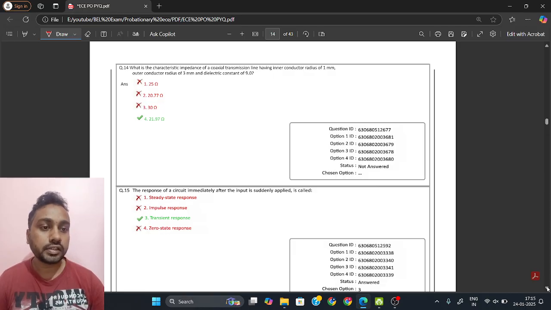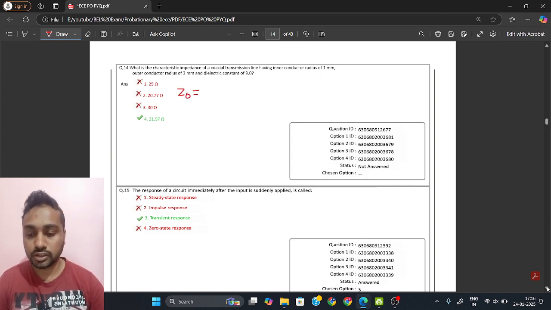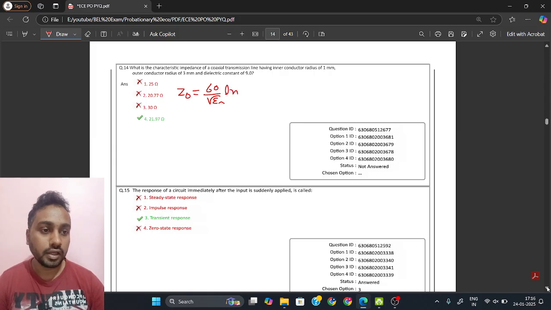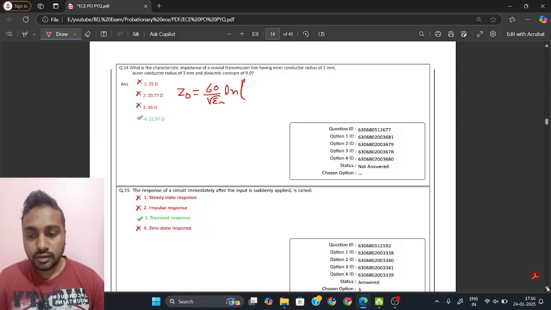So generally, for the characteristic impedance of a coaxial transmission line, we have a simple formula: Z naught is equal to 60 by root epsilon r, times ln of r2 by r1.